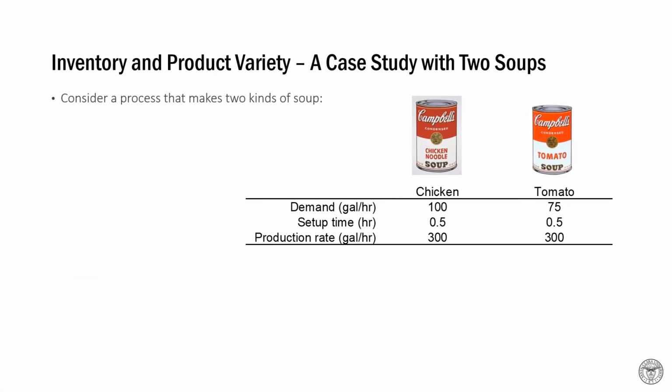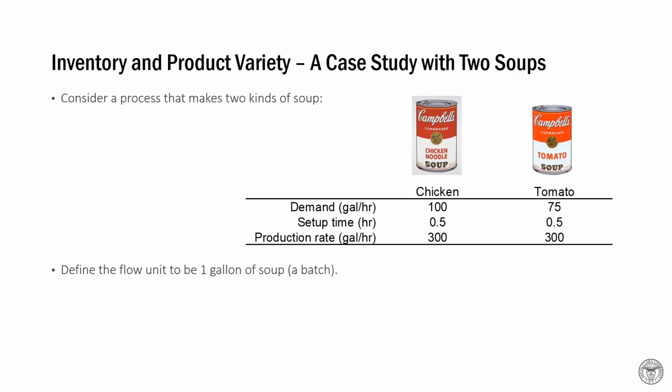Now, we will be discussing a case study that illustrates the relationship between inventory and product variety, using the example of a soup production process. In this process, two kinds of soups are being made, chicken soup and tomato soup. The demand for chicken soup is 100 gallons per hour, while for tomato soup, it is 75 gallons per hour. The setup time for each soup is half an hour, and the production rate for each soup is 300 gallons per hour.